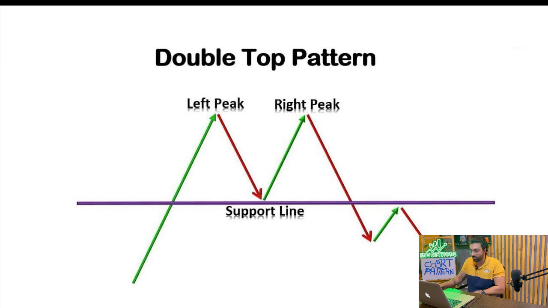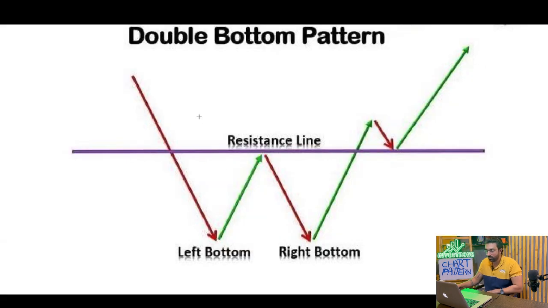We will look at this on the live chart, and here we can see our next chart pattern, which is known as the double bottom pattern. It's in the shape of W. The double top was in the shape of M, and this is in the shape of W. You can see the market was going down, and this we can call support 1.